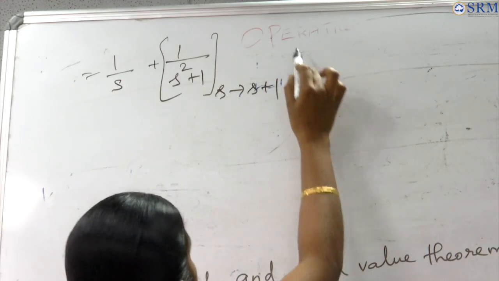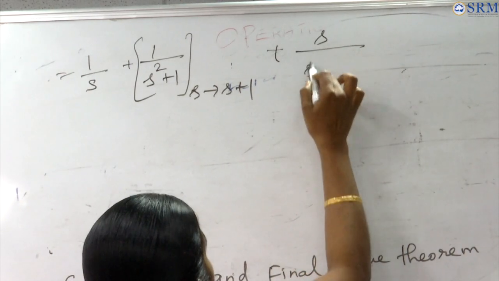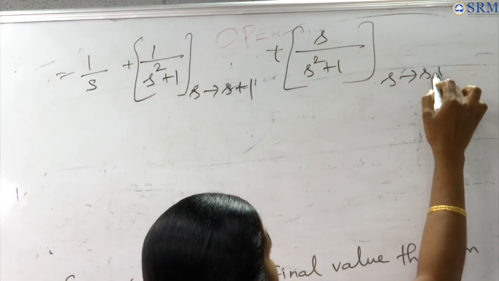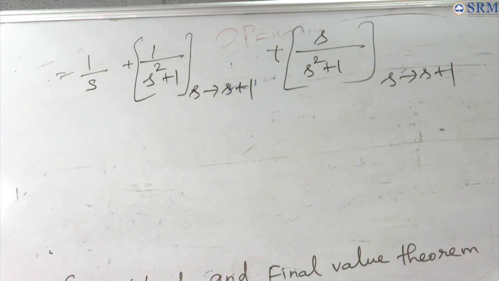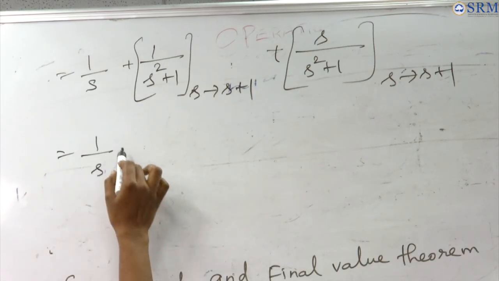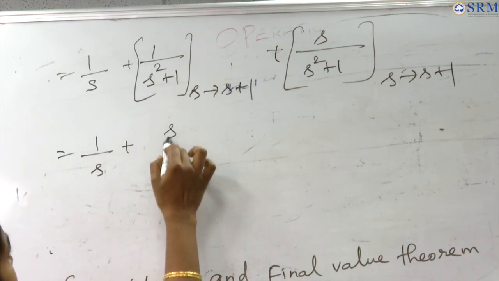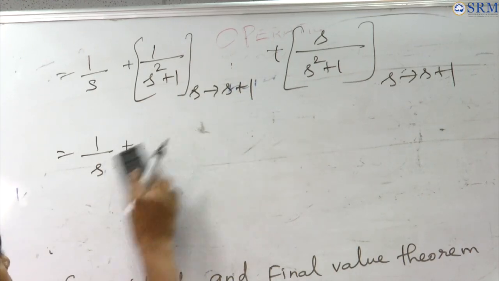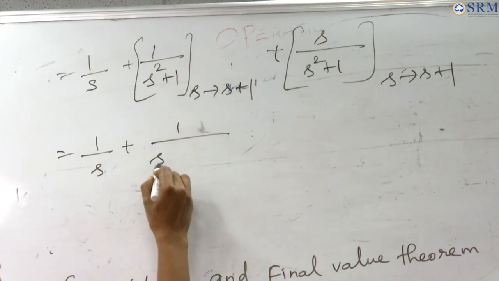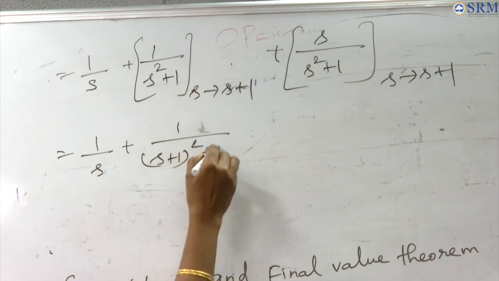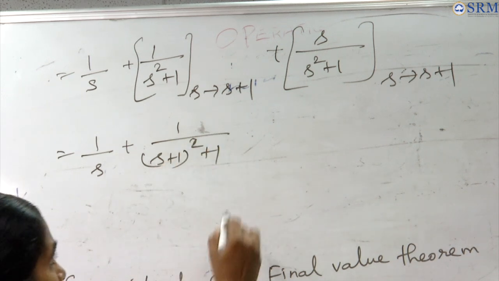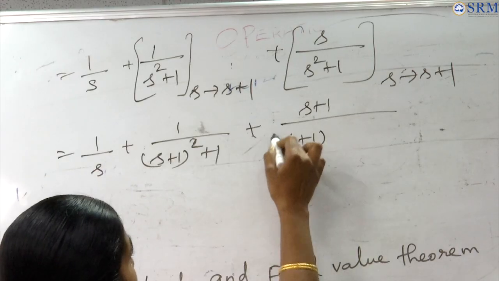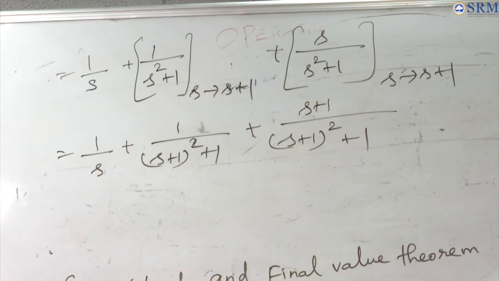The next one is plus s divided by s square plus 1, final answer with s replaced by s plus 1. So F of s is 1 by s plus 1 divided by s plus 1 whole square plus 1 plus s plus 1 divided by s plus 1 whole square plus 1.